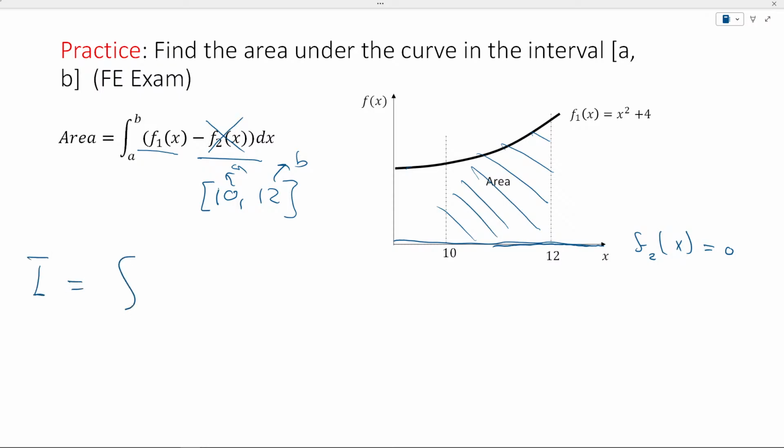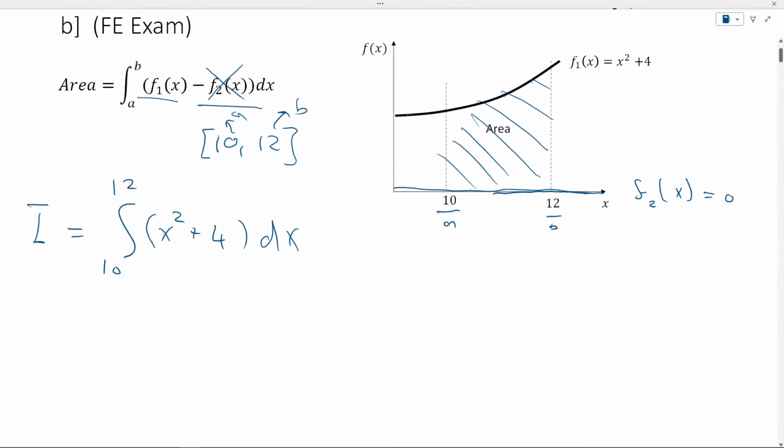So I will have something that looks like this. The area, or this integral, is equal to the integral from 10 to 12 of (x squared plus 4) dx. So this is equal to what?